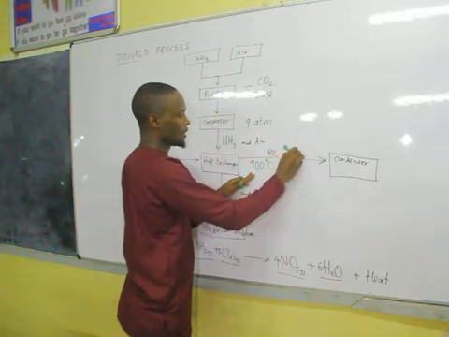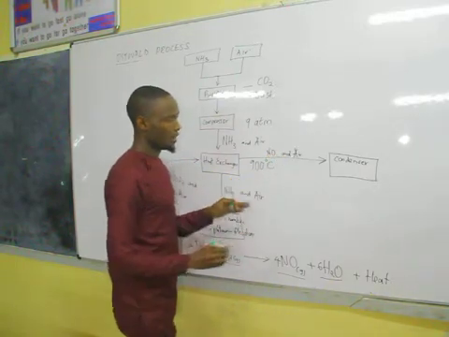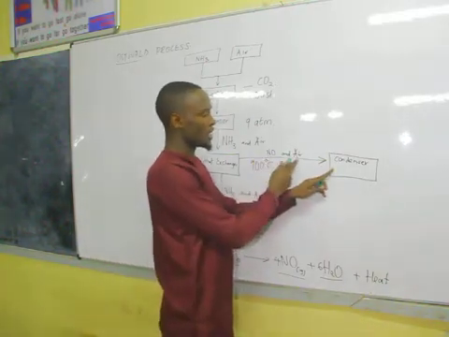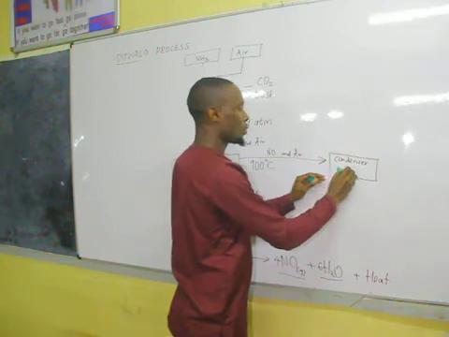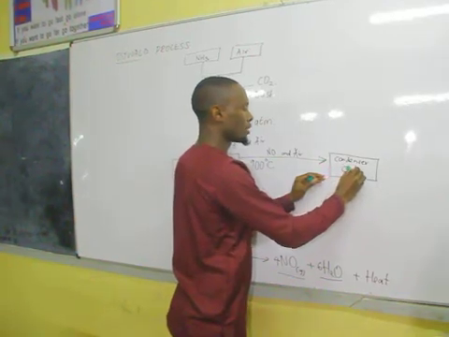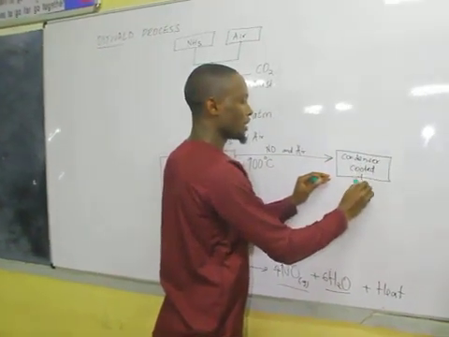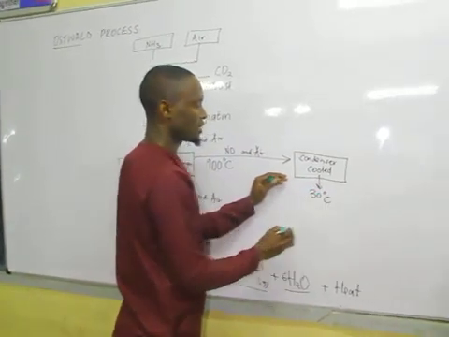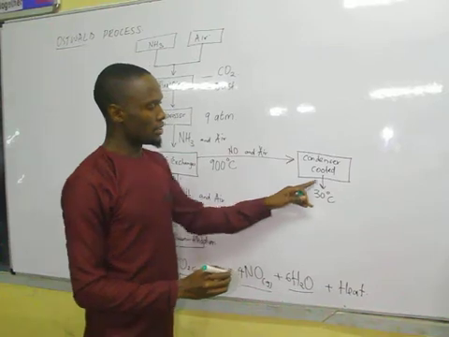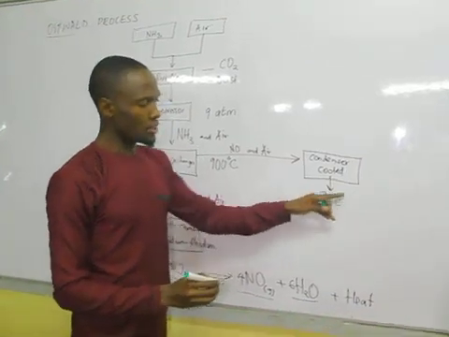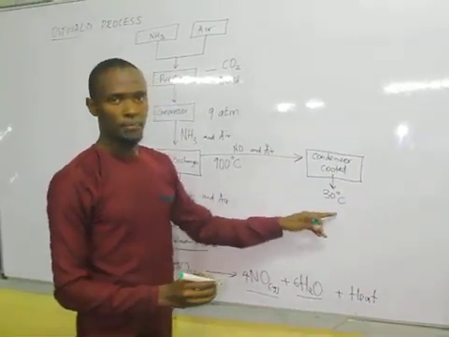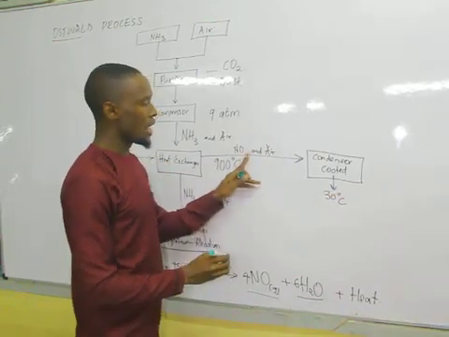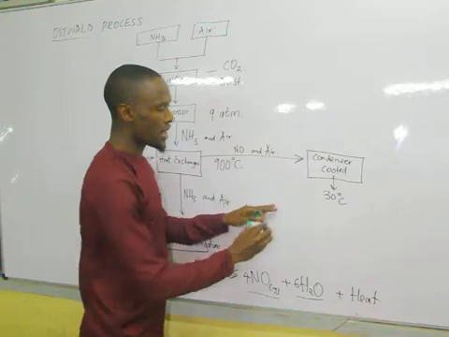In this chamber, nitrogen 2 oxide and air are cooled to a temperature of 30 degrees Celsius. In this temperature, nitrogen 2 oxide and oxygen in this air react.